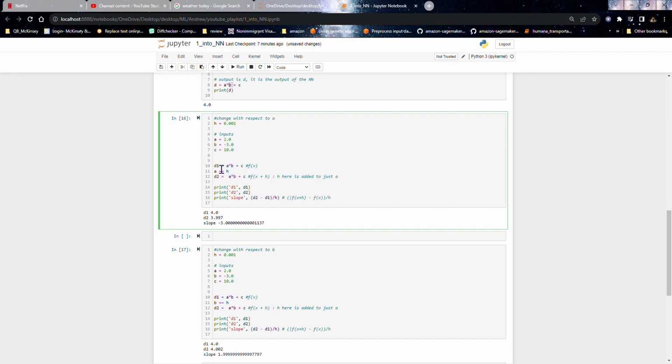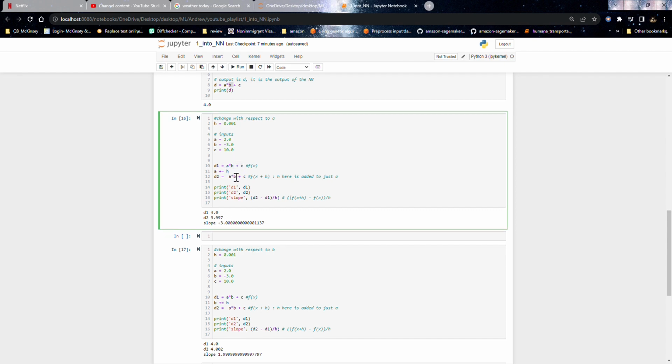So here d1 is f of x and d2 is f of x plus h with respect to A, like h is added just to A. And now we can see the output of d1, which is 2 into minus 3 is minus 6 plus 10, that gives 4.